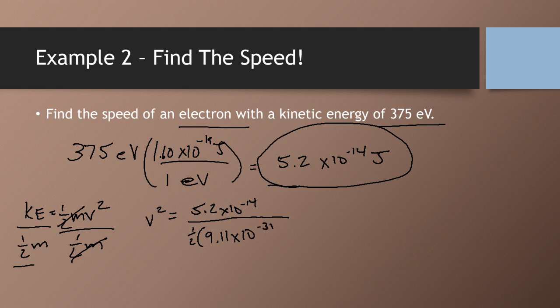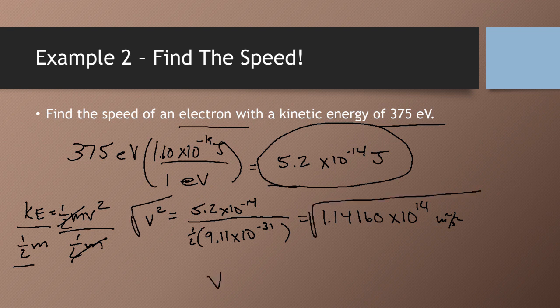We wind up with v squared equal to 1.14160 times 10 to the 14th meters squared per second squared. Then we have to take the square root of both sides, and we're left with a velocity of 1.068 times 10 to the 7th meters per second.